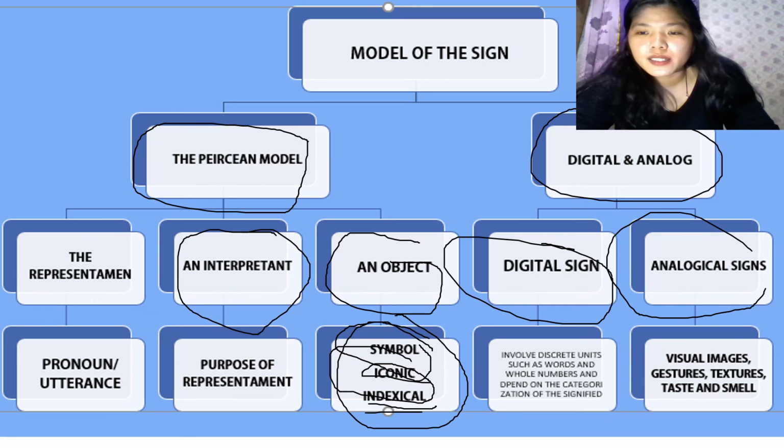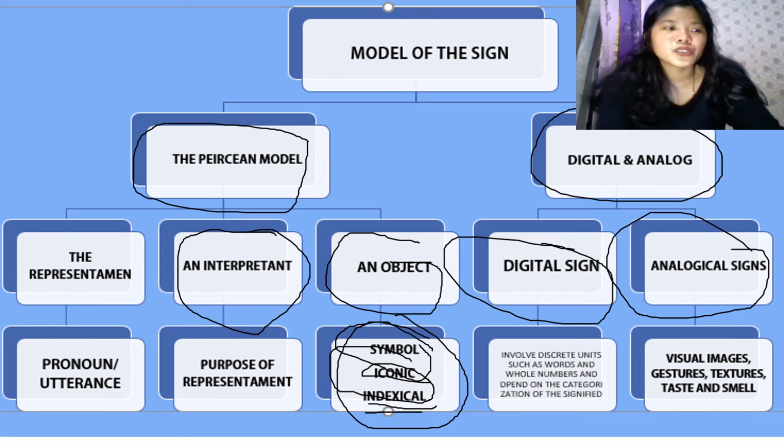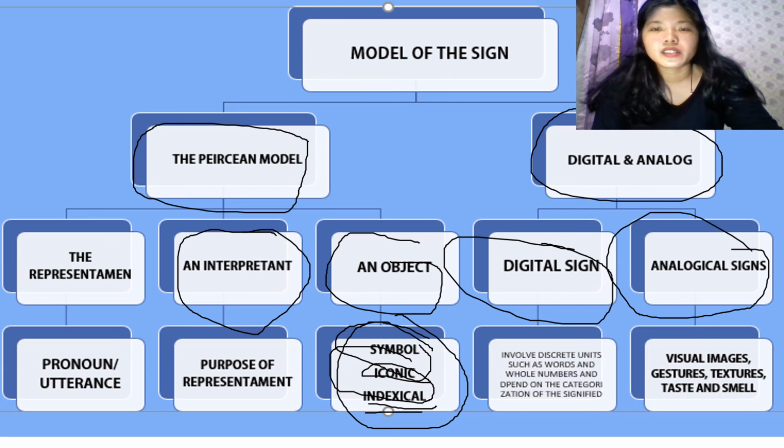Analogical signing, such as visual images, gestures, texture, taste, and smell, involves graded realism on a continuum. They can signify definitions that substitute for something beyond words.